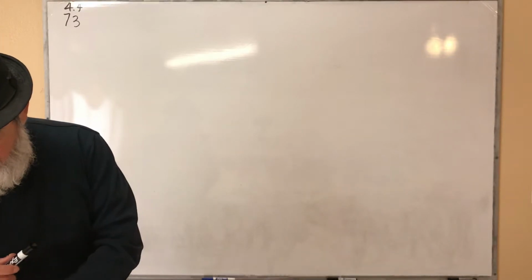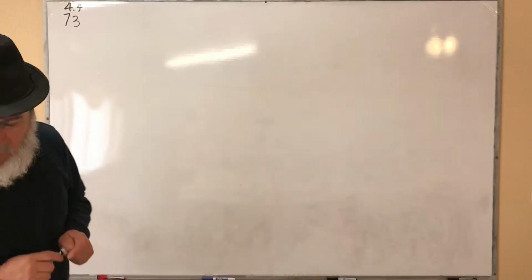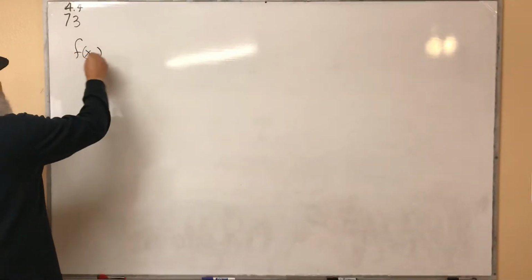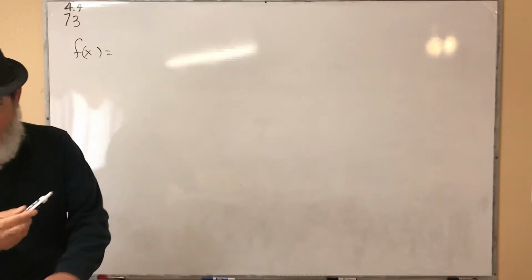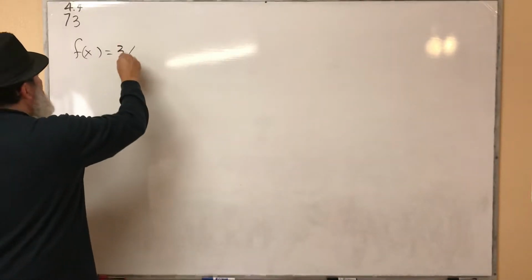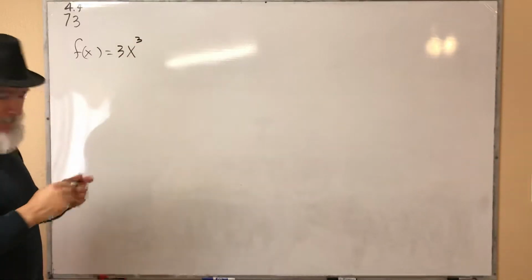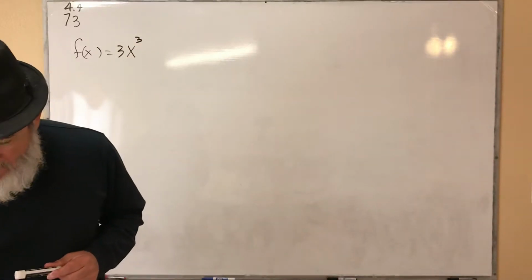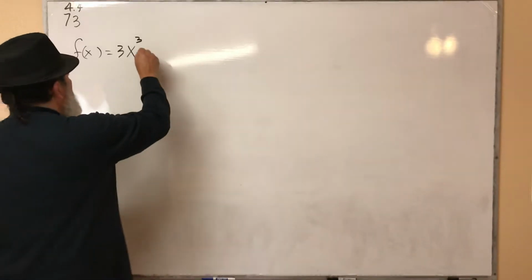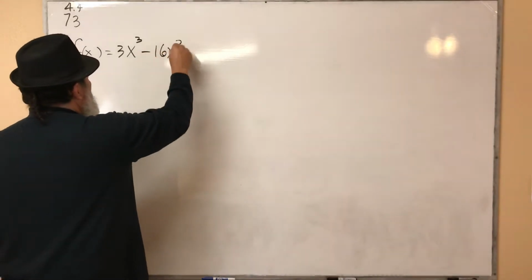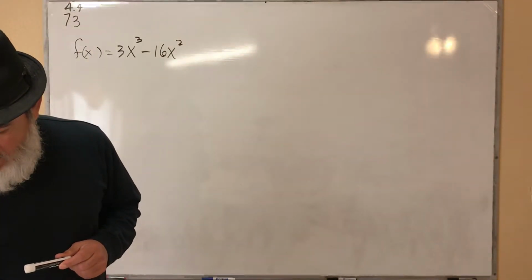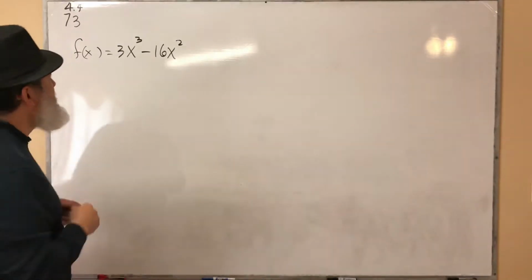Problem 73 says f of x equals three x cubed minus 16x squared plus 17x minus 4.